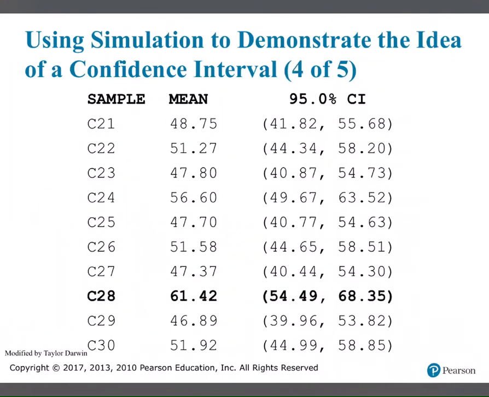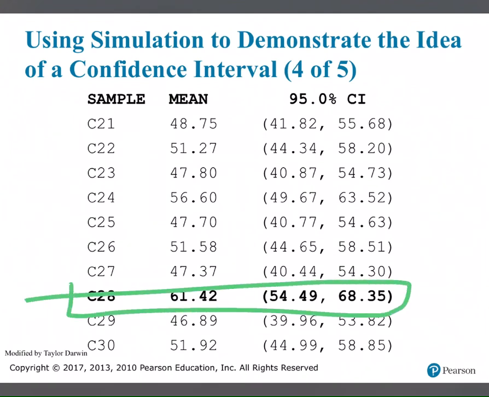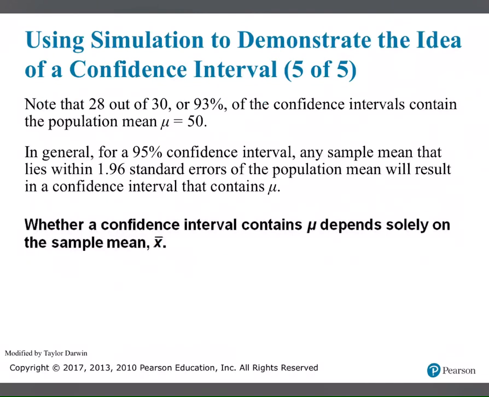And then here's 10 more. And this one did not capture the population mean, but all the other ones did capture the population mean in this interval. So that means that 28 out of those 30 contain the population mean, or 93%, which is pretty close to our 95% confidence interval. So 93% of those 30 captured the true population mean.